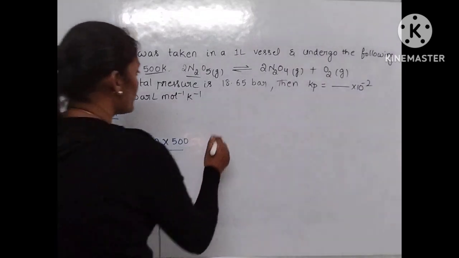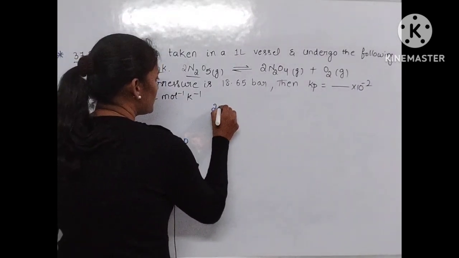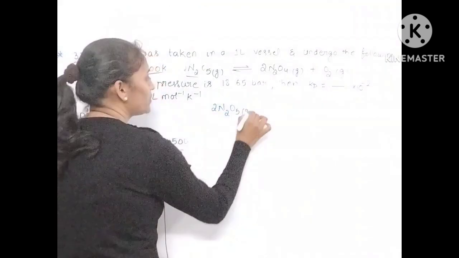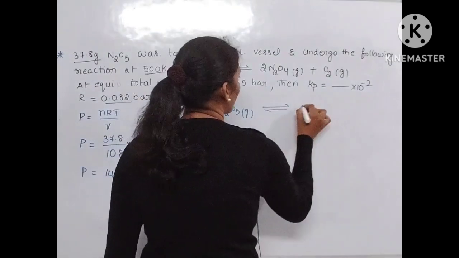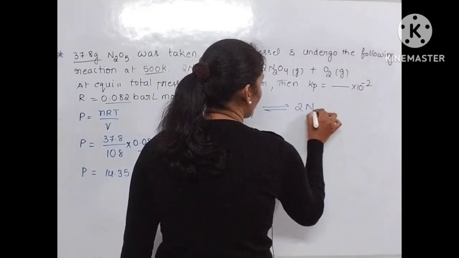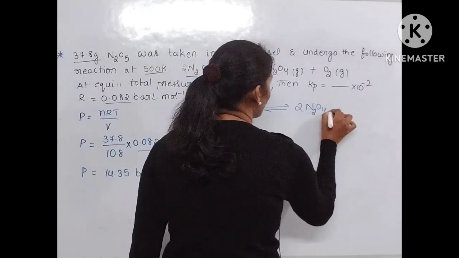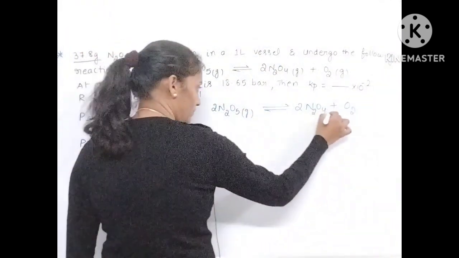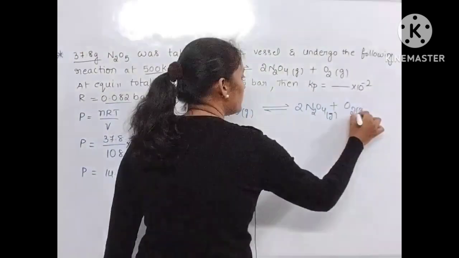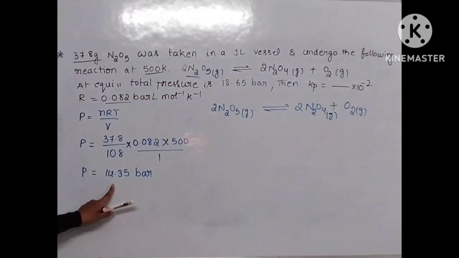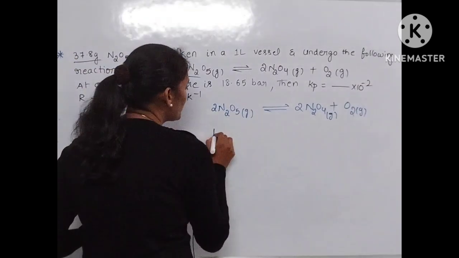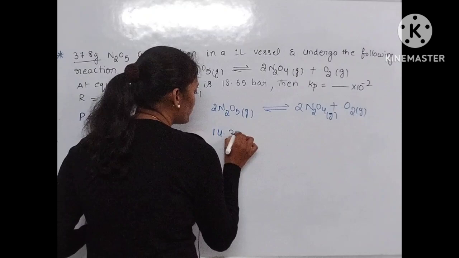Now you need to go to the chemical equation. Here I am going to write it again: 2N2O5 gas converted into 2 moles of N2O4 gas plus O2 gas. What you calculated previously, 14.35, you can consider as the initial pressure of N2O5.